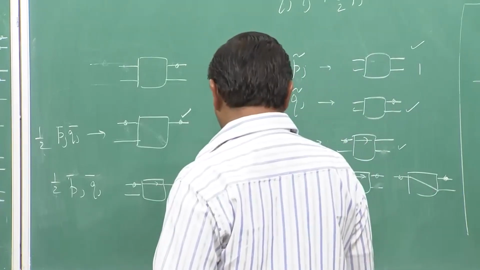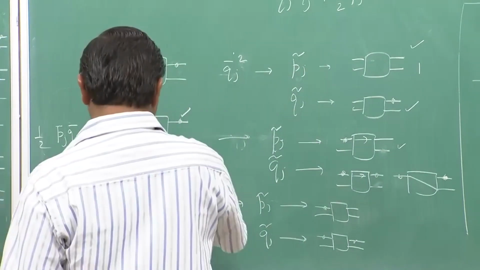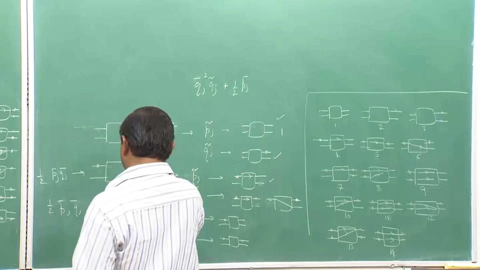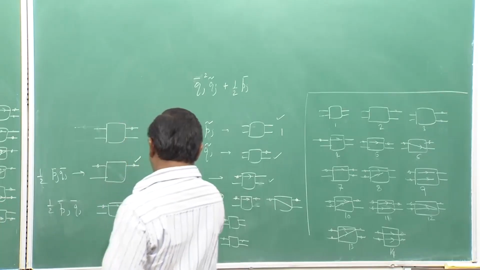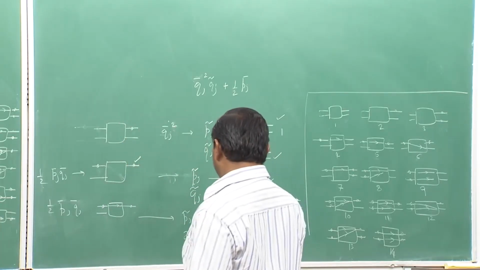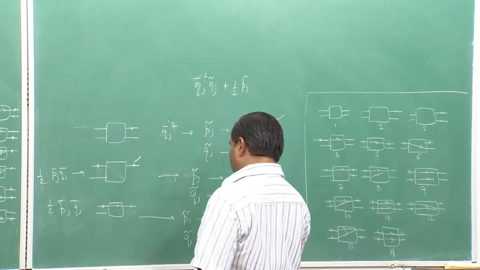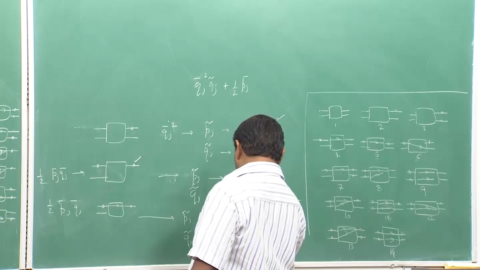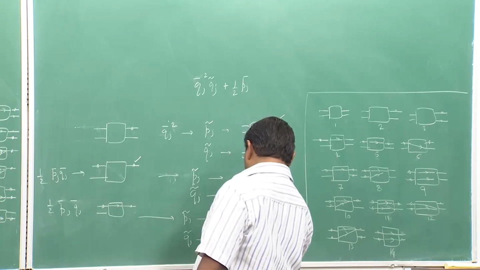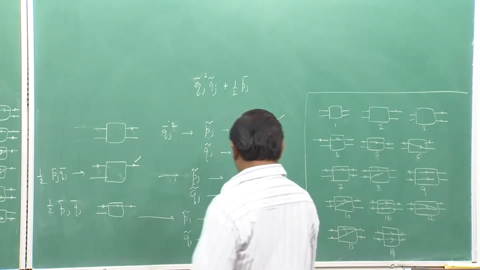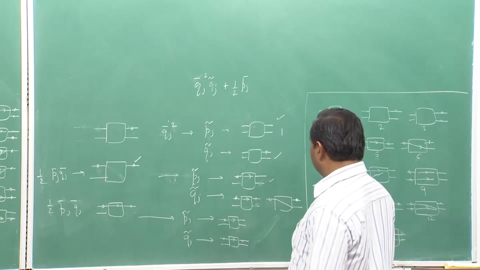So, next one. Yeah, the packet arrives here with half probability. So, this packet can go on this side or on this side, these are actually the same, right.